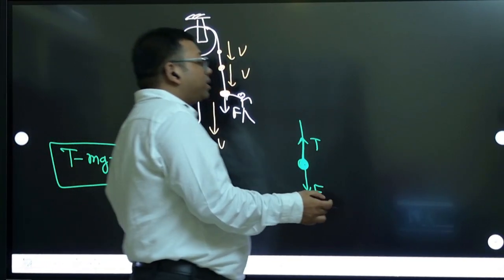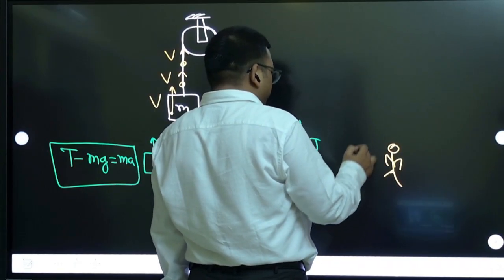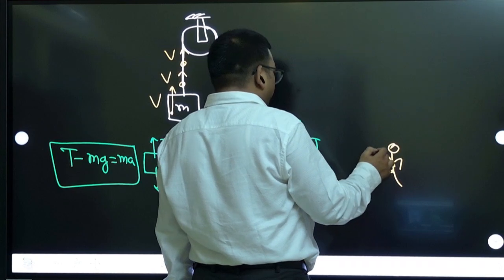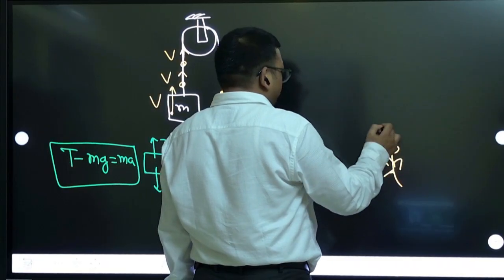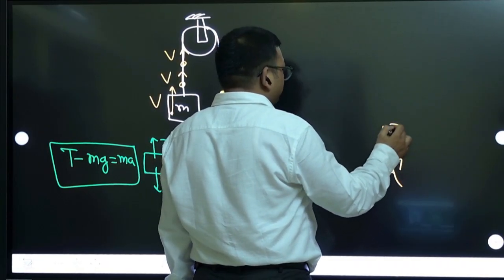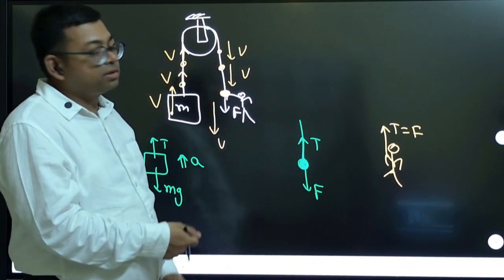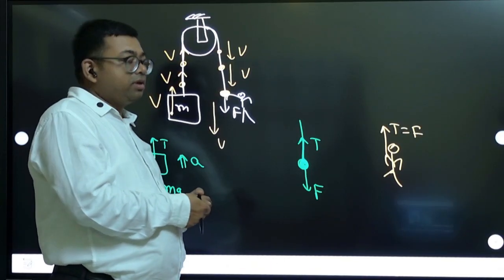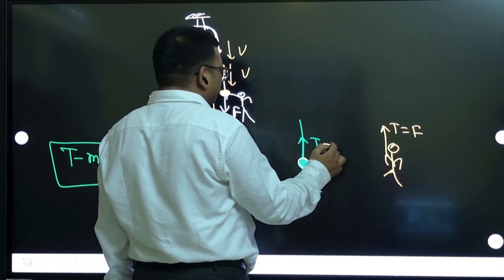Or you may think like this: the man has given a force F to the rope, so the rope will give the same force to the man, which is nothing but tension. So tension is equal to F only.